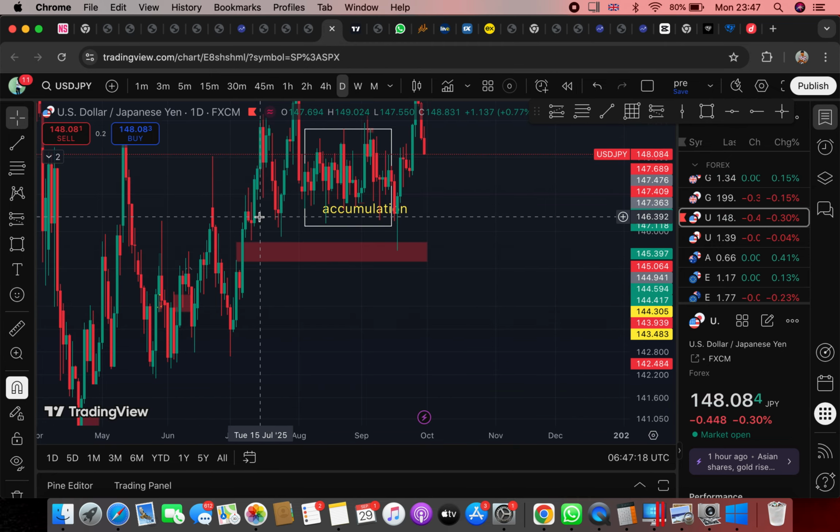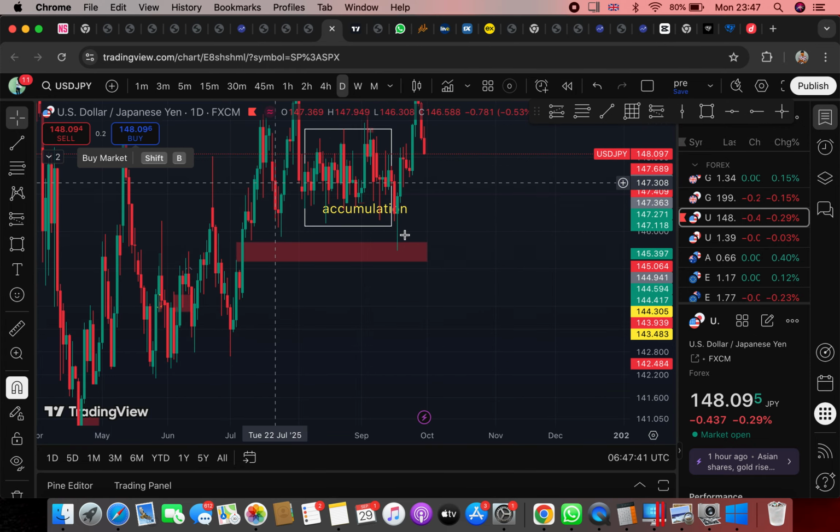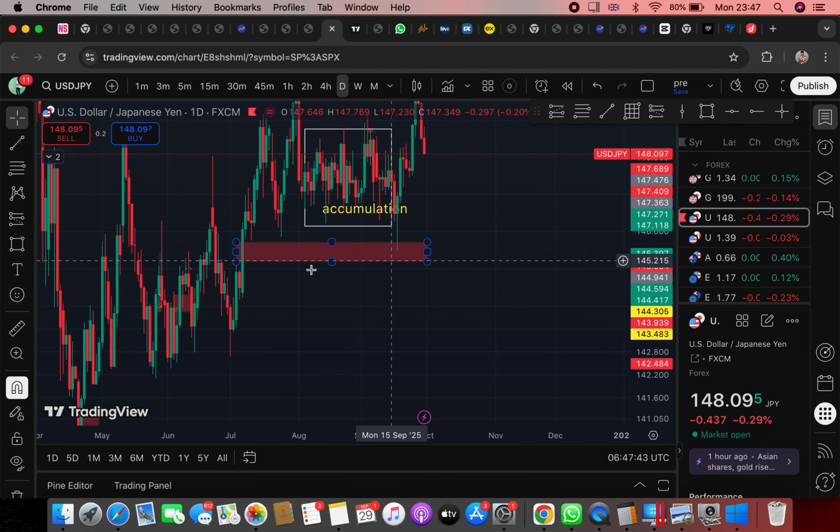But if the market is uptrending and it happens to manipulate towards the downside first, once it manipulates towards the downside, be vigilant enough to know what it's manipulating to come to take. If there is a nearest fair value gap there, just be positioning yourself in order to buy with good confirmation entries.